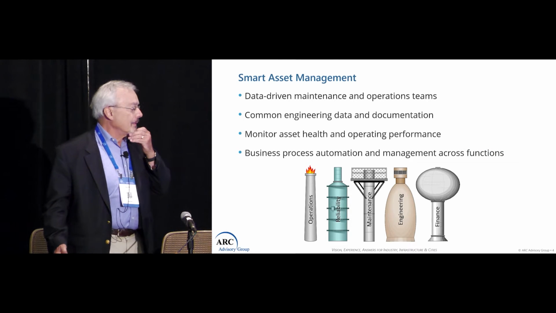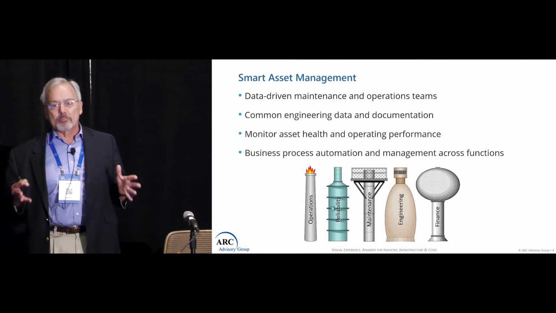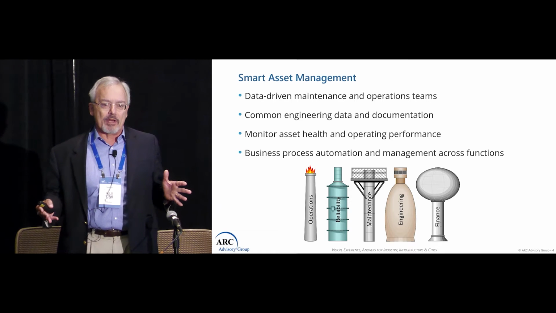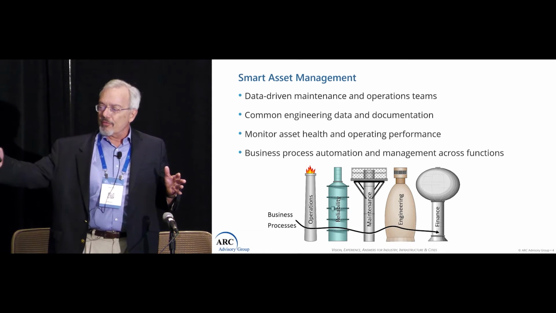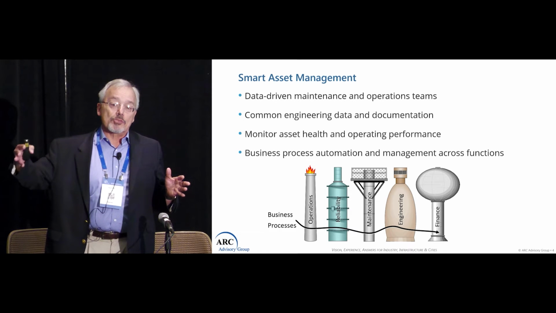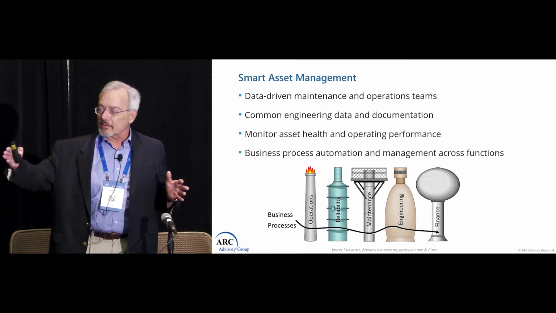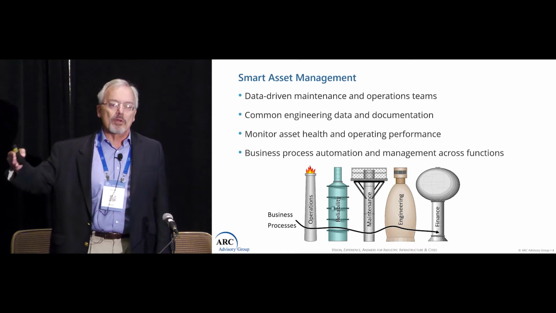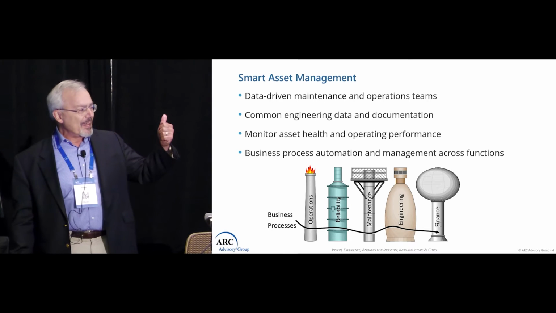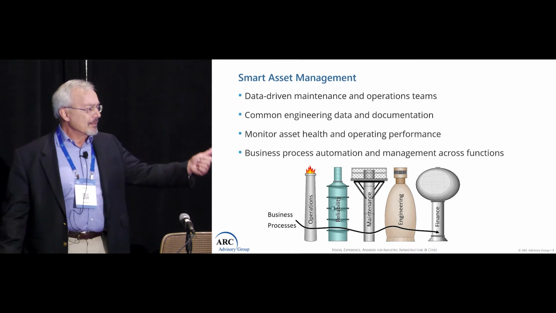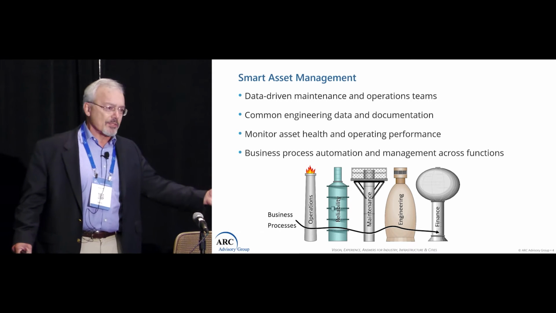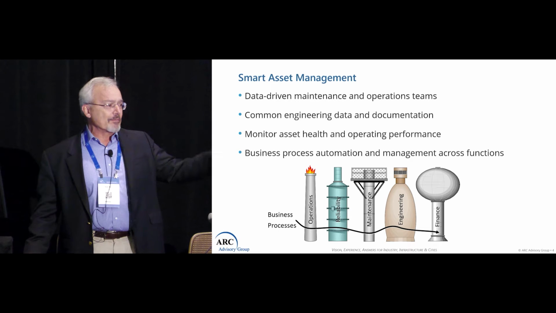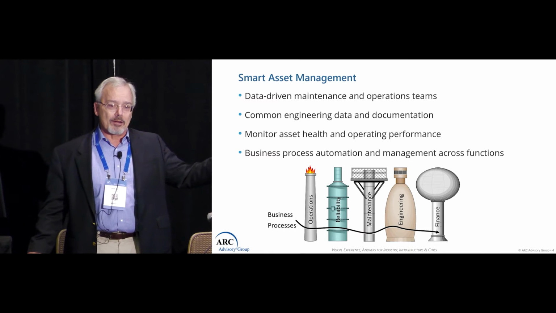So, this is here kind of to give a little bit of a definition of what we mean by smart asset management. All right? There are these stovepipes, or silos, depending on what term you like to use, that exist. And each one of those silos tend to have their own data, their own documentation, their own business processes, and sometimes even their own separate asset hierarchy.